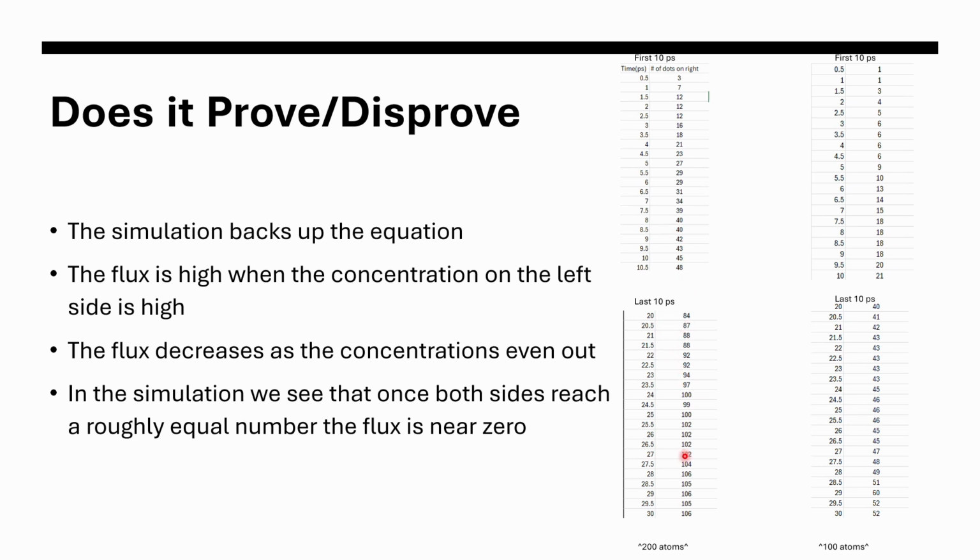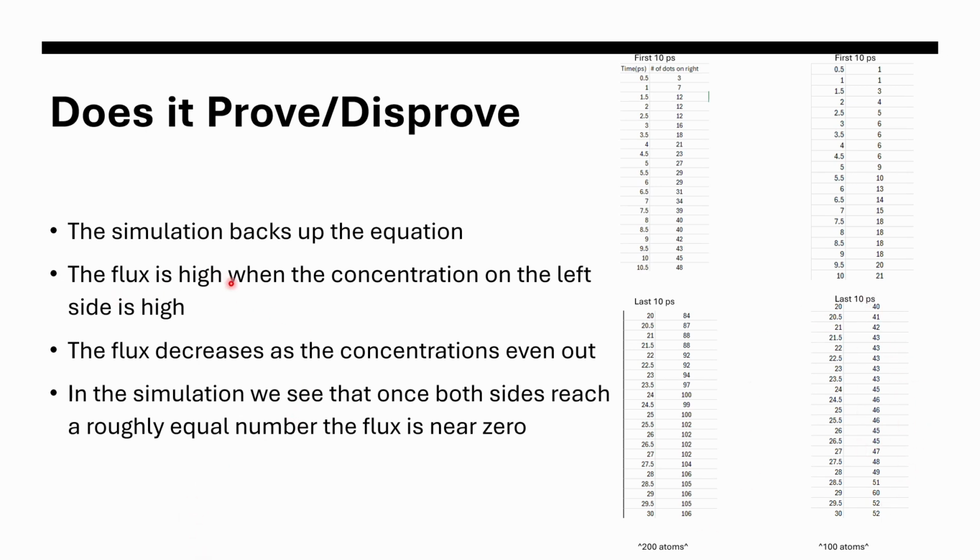And then the last 10 picoseconds of the 200 atoms, we only see 22 move over. In the 100 atoms, we see the same kind of trend. We see 21 move over in the first 10 picoseconds, and then again about half of that number, only 12, move over in the last 10 picoseconds.